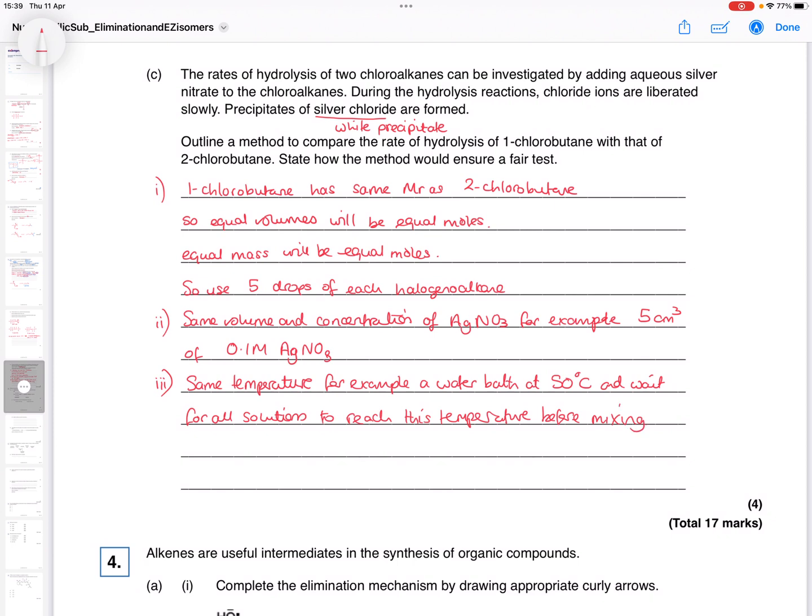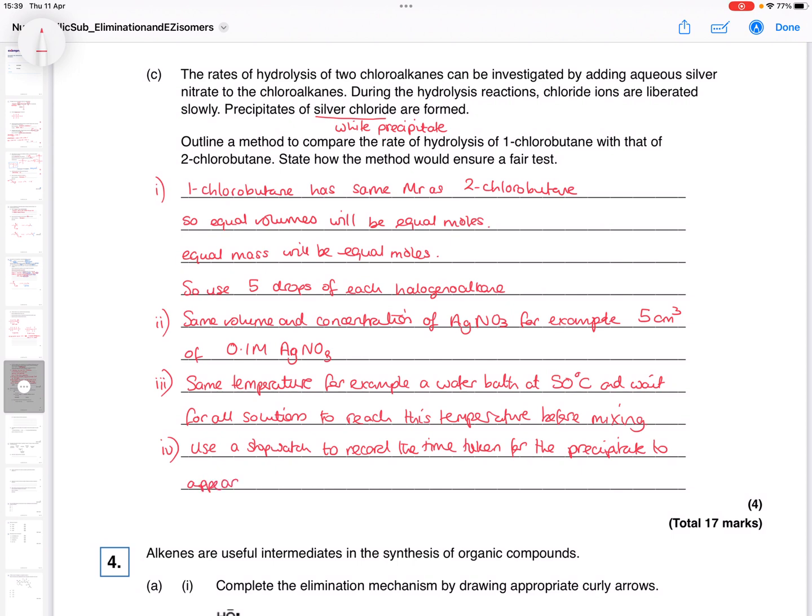Okay, and then finally we're going to have to use a stopwatch or a similar device to record the time taken for the precipitate to appear.